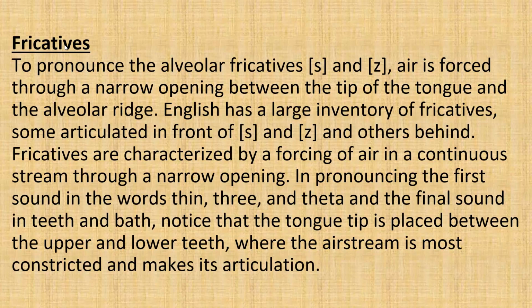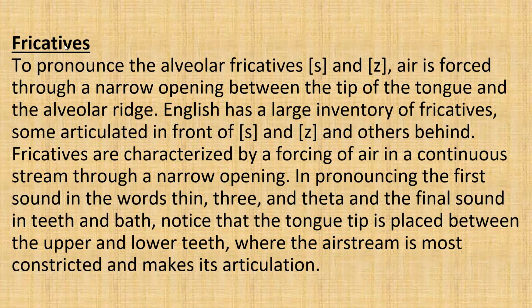When we pronounce fricatives, air is coming out between the tip of the tongue and the alveolar ridge. English has a large inventory of fricatives, some articulated in front of s and z, and others behind. Fricatives are characterized by a forcing of air in a continuous stream through a narrow opening. So air is going out through a narrow opening.